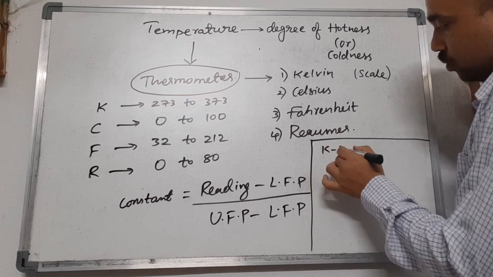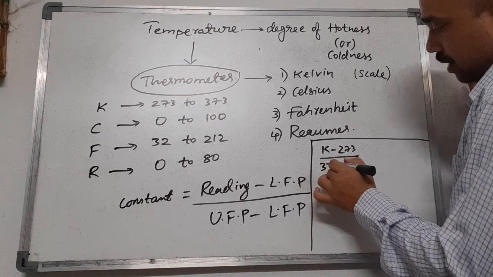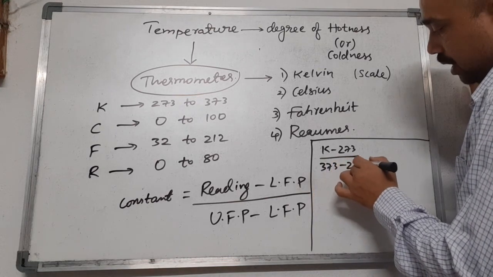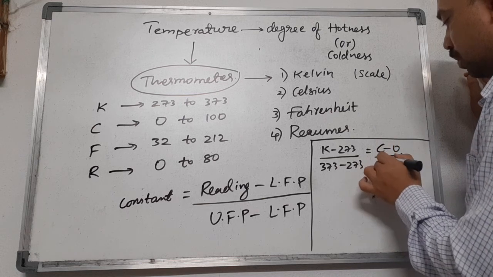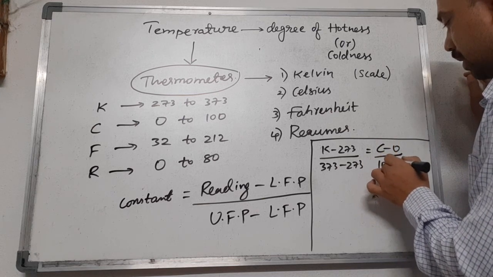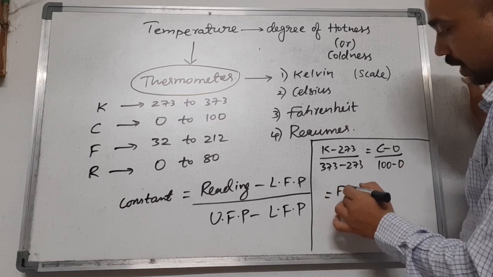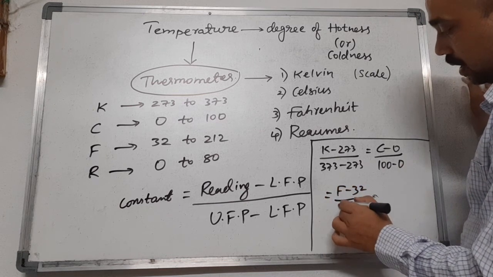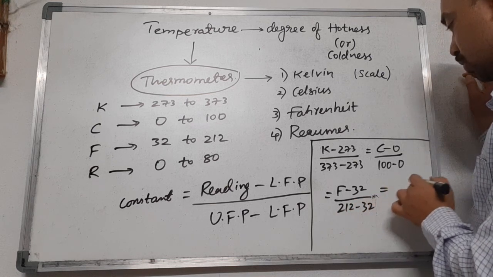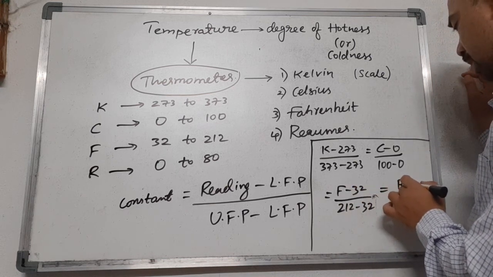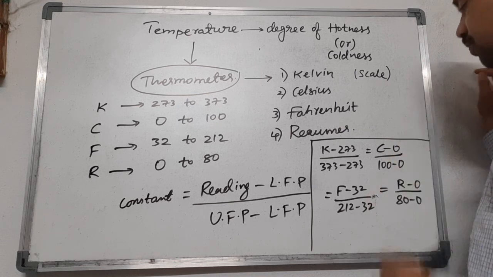(K minus 273) by (373 minus 273) is equal to (C minus 0) by (100 minus 0) is equal to (F minus 32) by (212 minus 32) is equal to (R minus 0) by (80 minus 0).